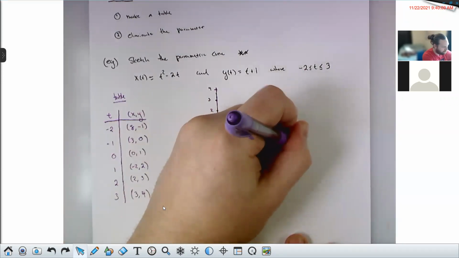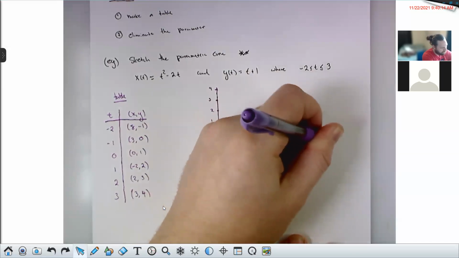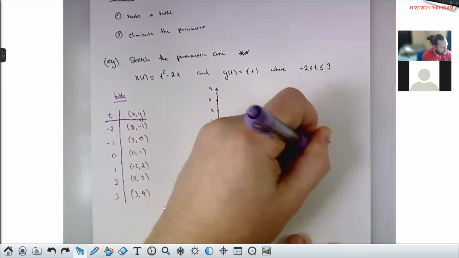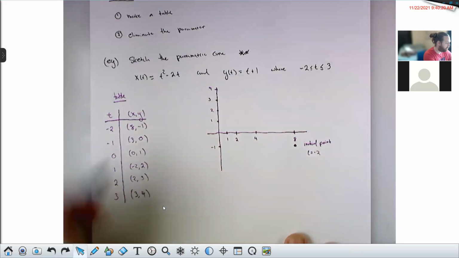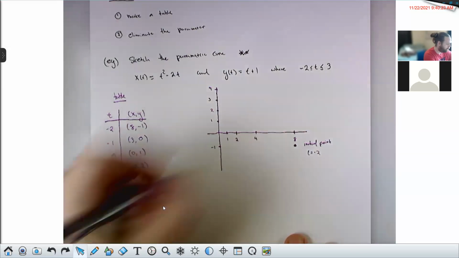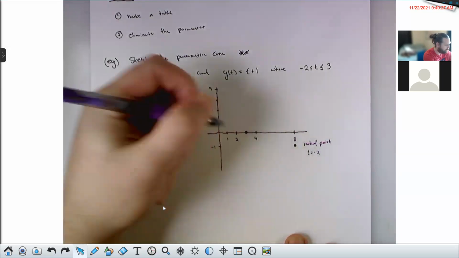It's over here. And it's the point associated with t equals -2. Then I go through 3, 0, which is right here.